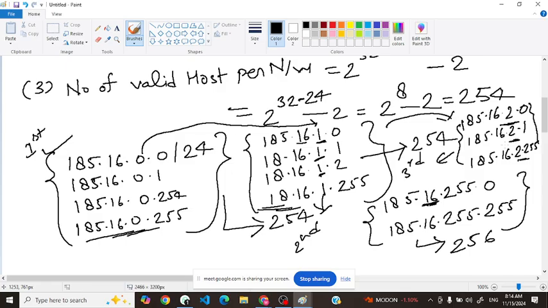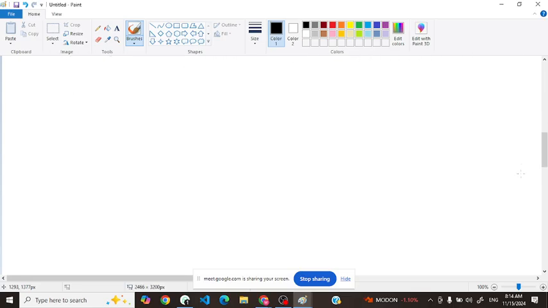Let's suppose any question in which the block size will be different.